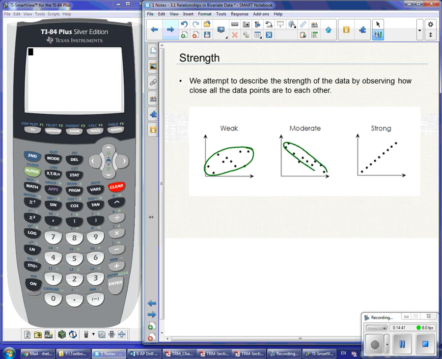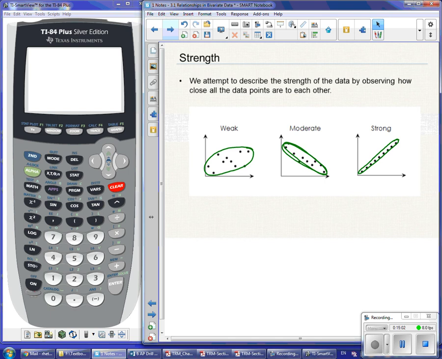But if I circle my points here, I can see that my oval is a little bit narrower, and that tells me that I have a moderate association. And then in this last one, I've made my oval a little bit wider than it needed to be. Those points are really, really close to a straight line, so that would be a very strong association.